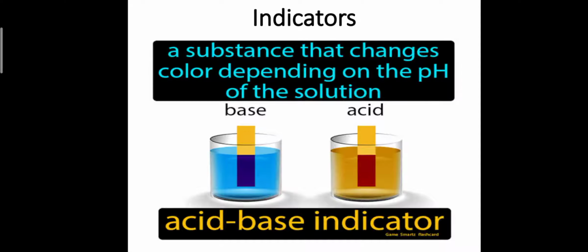Now indicators. A substance that changes color depending on the pH of the solution is called an indicator. For example, a base turns red litmus blue and an acid turns blue litmus red.